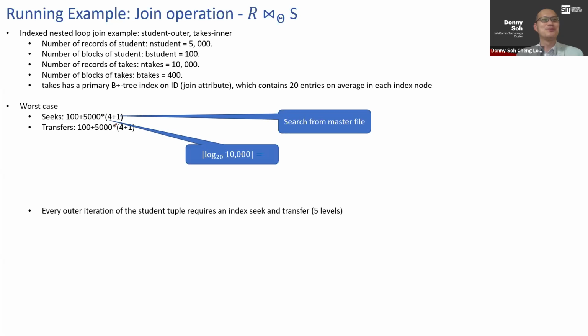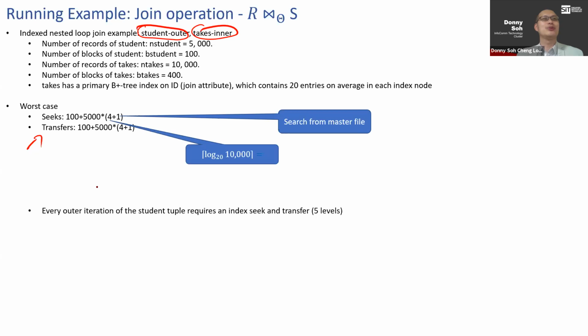Okay, so firstly, this is the index nested loop join. Now I kind of remember what went through my mind already. Let's look at first the transfer. My outer loop is my student, and the inner loop is my takes.